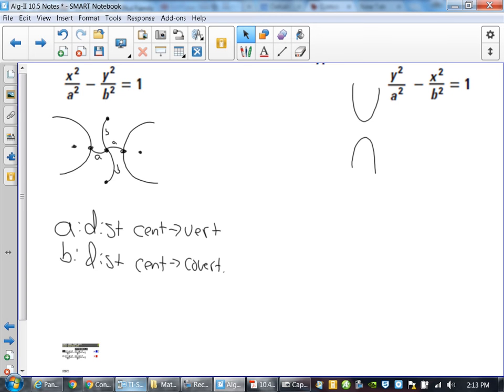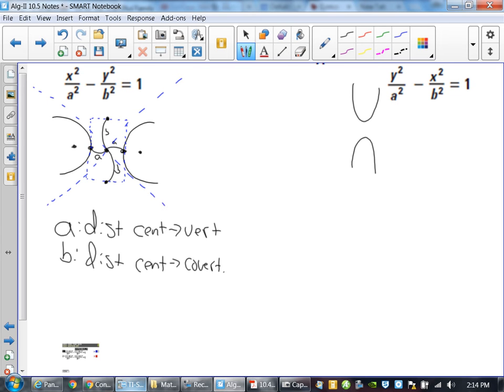So what we're going to do then is create this little rectangle in there. There is a rectangle that is imaginarily formed between these AB values. And what happens then is that you get what are called diagonal asymptotes.